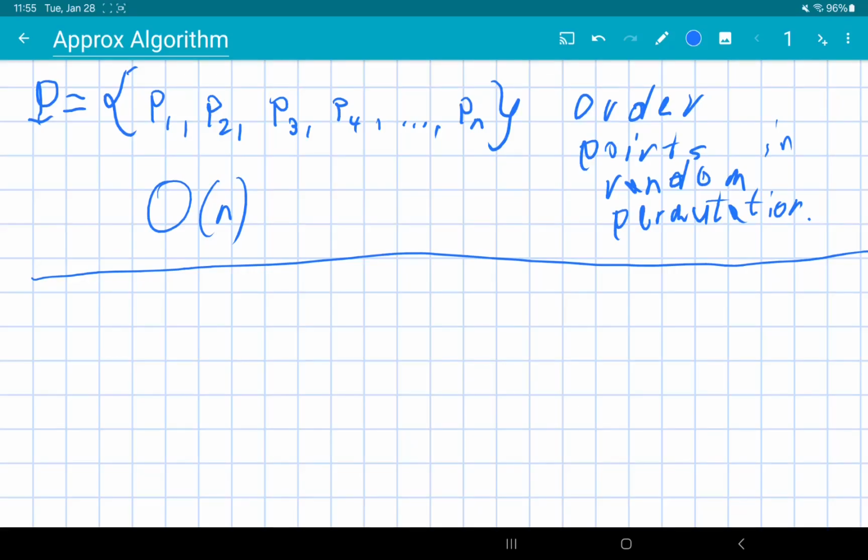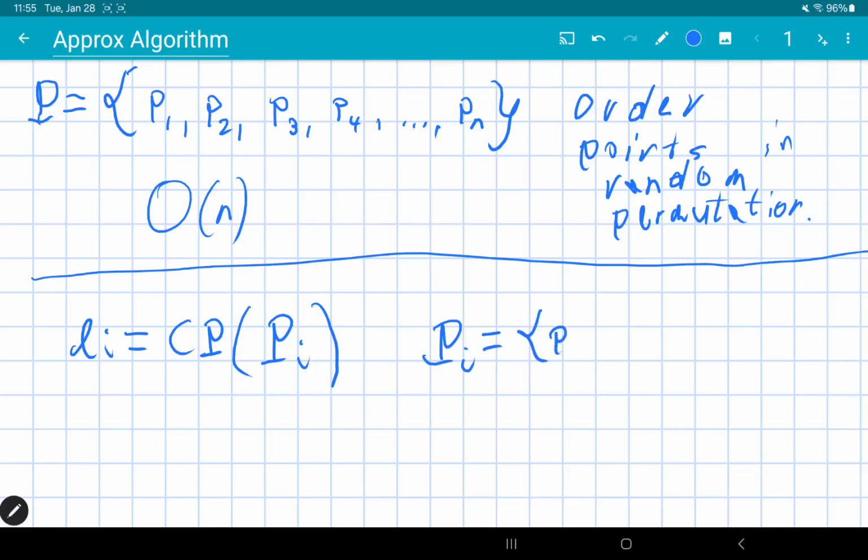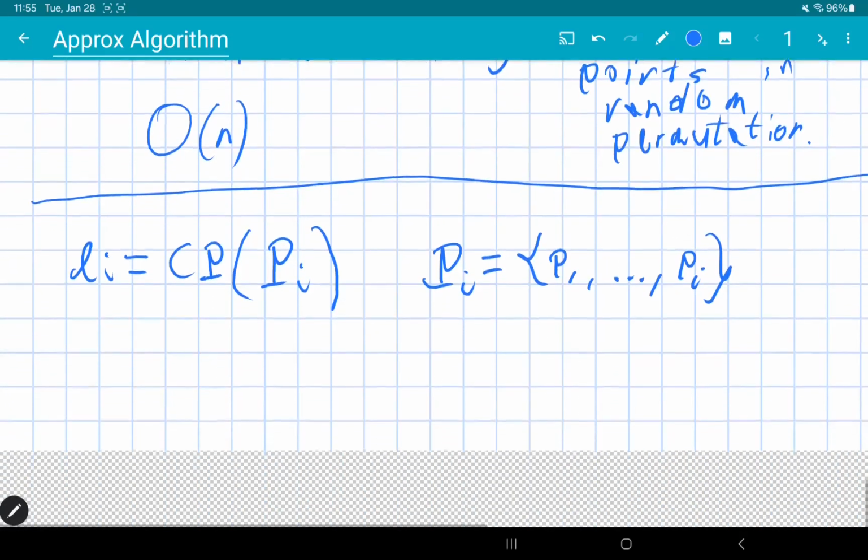And now what do we want to do? Well, we want to look at Li. What is going to be Li? It's going to be the closest pair distance of Pi, where Pi is the first i points. Right? Pi, capital Pi, is P1 all the way to Pi. Right? So this is the closest pair distance.